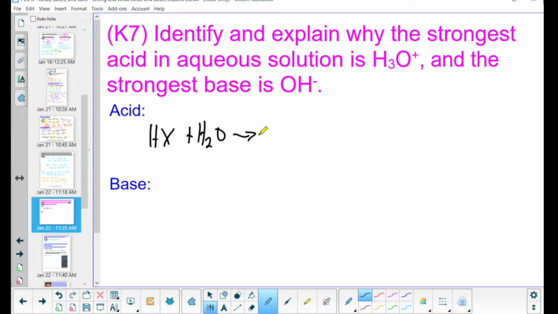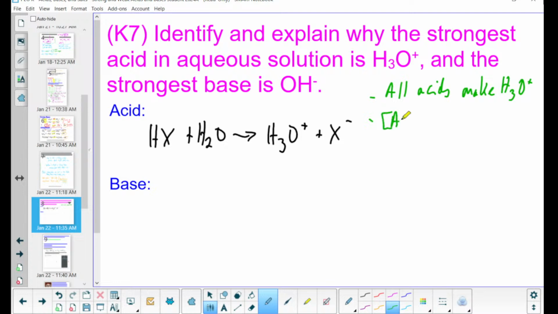You get H3O+ and X-. X is just generic. Any acid is HX. All acids make H3O+.